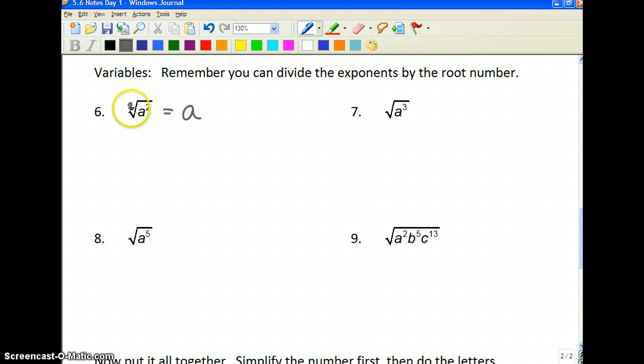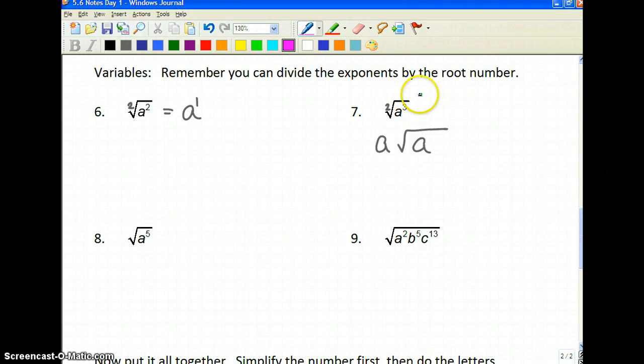So 2 goes into 2 one time. Over here, this little imaginary 2 is not written, you might want to write them in. So 2 goes into 3 one time. So 1 comes out, then you have an extra a left inside. Or think about the partner rule.